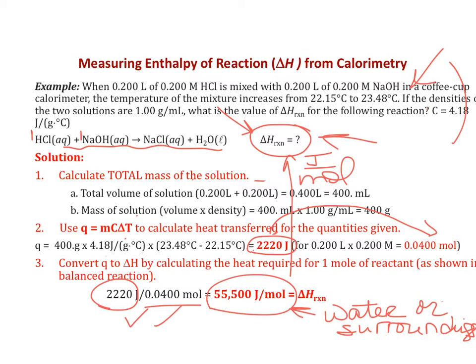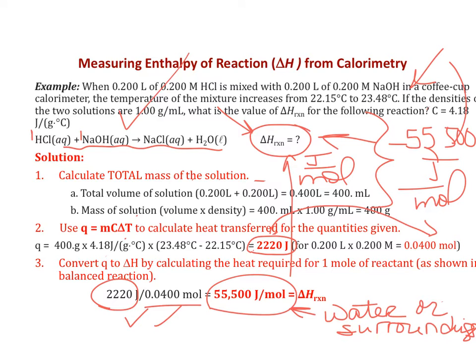So if the question asks you, what is delta H for the system, or the reaction is your system, it's minus whatever you got for the surroundings. So the actual answer here is minus 55,500 joules per mole. This is an exothermic reaction.